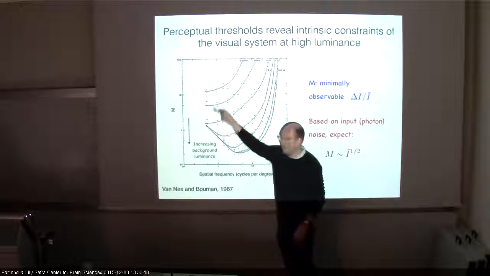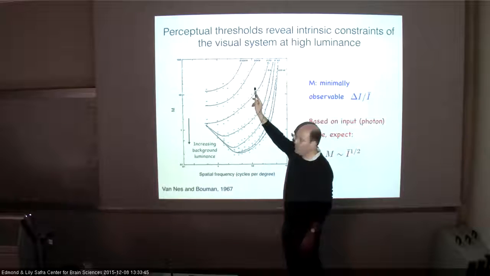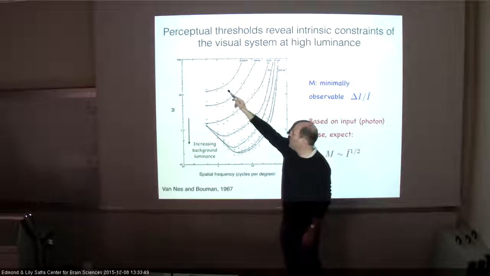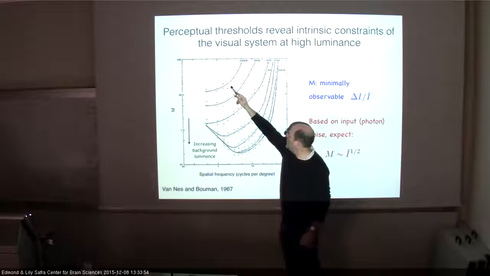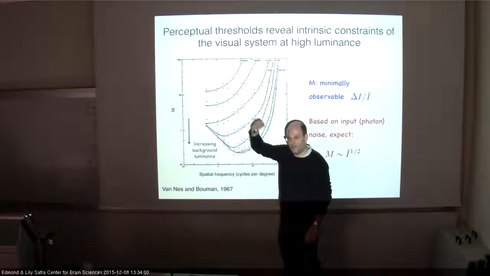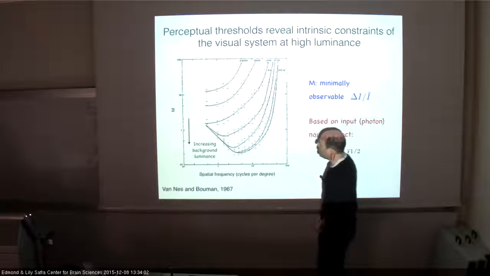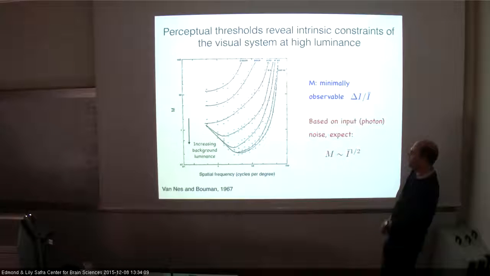So again, a factor of 100 in the visual stimulus, a factor of 100 in the photon flux, makes us able to observe an object whose intensity has increased by a factor of 10. Or the relative signal-to-noise ratio is improved by a factor of 10. So this makes a lot of sense.